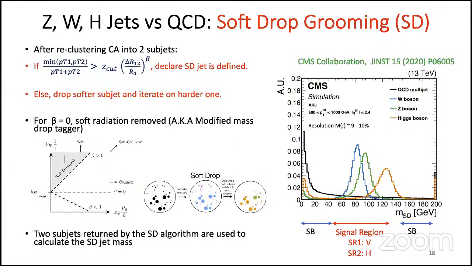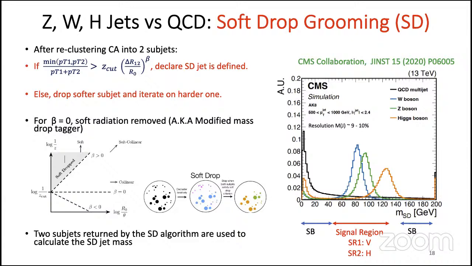For the grooming, the technique is the soft drop, which consists in identifying two subjets, and then checking if the two subjets satisfy this condition, which depends on the pT, the separation between them, and these parameters. If they satisfy this condition, the fat jet is declared as a soft drop jet. Else, drop the softer subjet and iterate on the harder one.